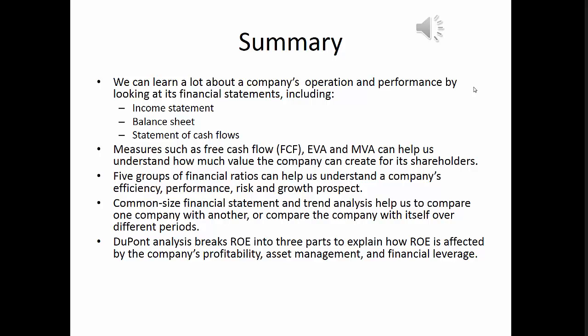Five groups of financial ratios can help us understand a company's efficiency, performance, risk, and growth prospects. Common size financial statements and trend analysis help us to compare one company with another, or compare the company with itself over different periods. DuPont analysis breaks ROE into 3 parts to explain how ROE is affected by the company's profitability, asset management, and financial leverage.